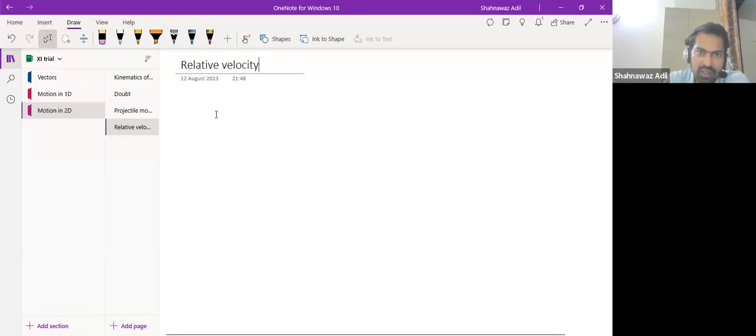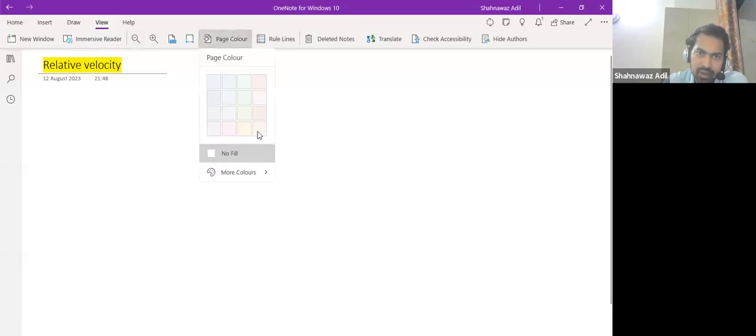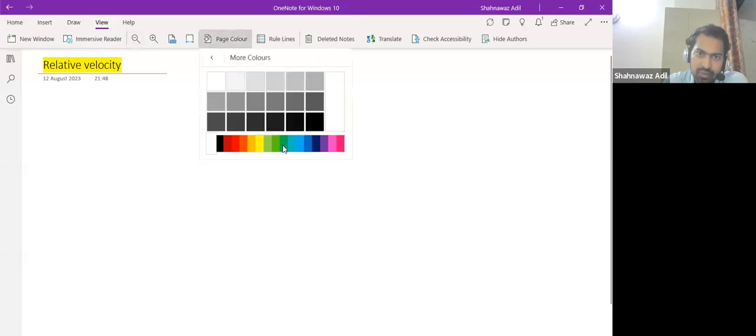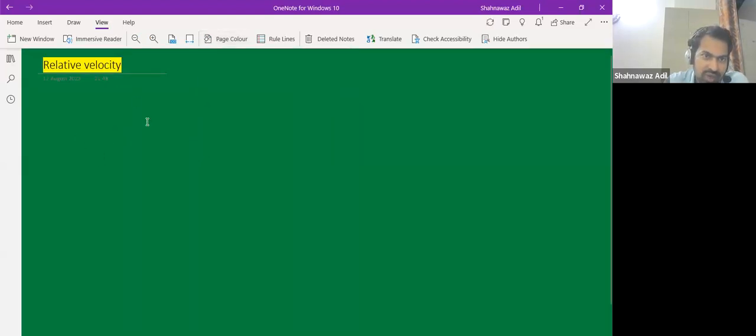So we have understood about this relative velocity in the one dimension motion also, right? So we have understood about this problem in one dimension motion, right?